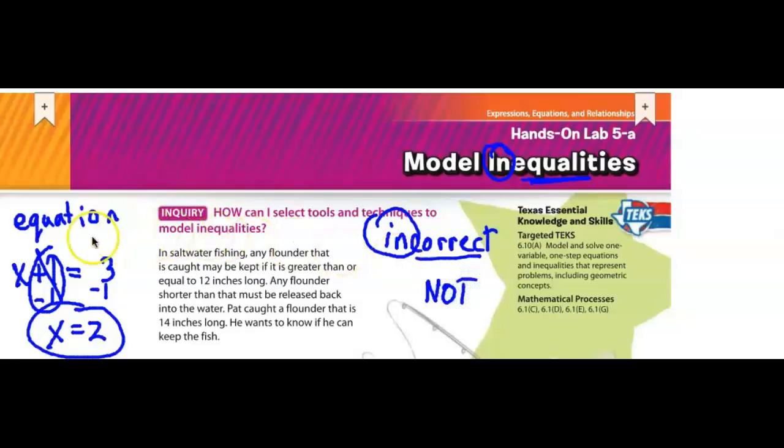So we have previously been working with equations where one side has to be equal to the other side, but inequalities are things that are not equal. You are not saying two expressions are equal to each other. You're comparing two expressions, and sometimes one's greater than the other. Sometimes one is greater than the other, or it could be equal to the other.